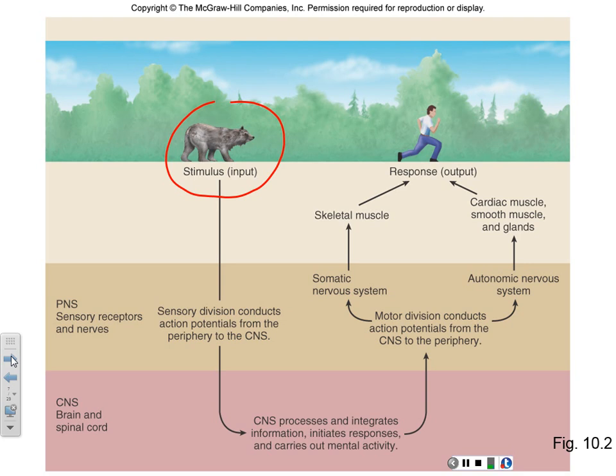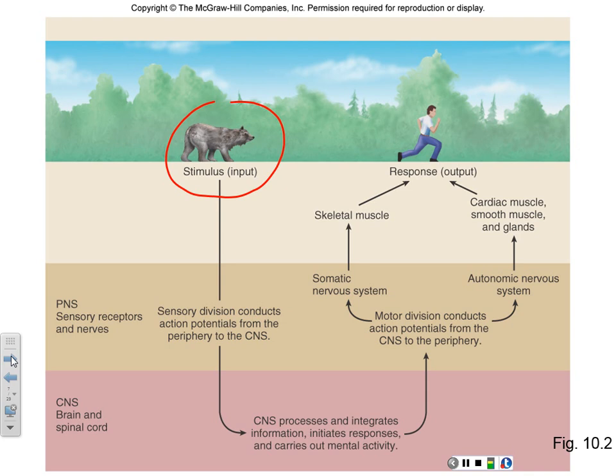He feels threatened. You feel threatened by what? So what's the change? The change, the stimulus in this case, is the appearance of a bear, right? That's what it is. So that's the change.